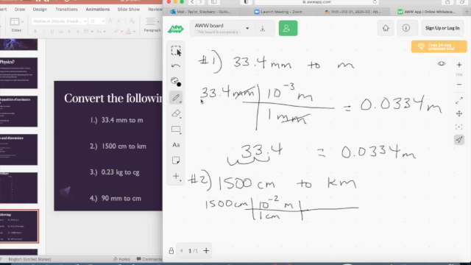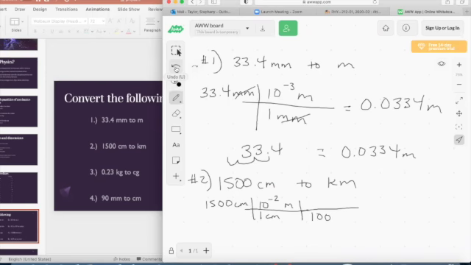Go back to my pen. All right, so we know 1,000 meters is equal to 1 kilometer. Right? So technically right here, this is the 10 to the third power. I just wrote it out as 1,000, but you can write 10 to the third power here if that's what you prefer.